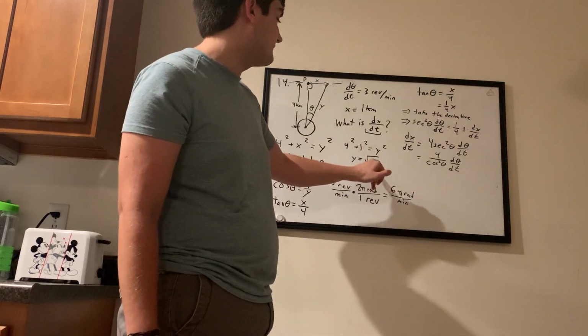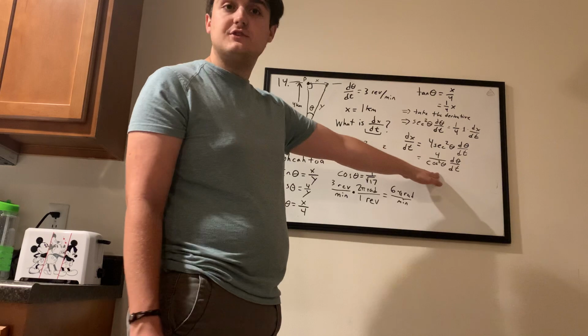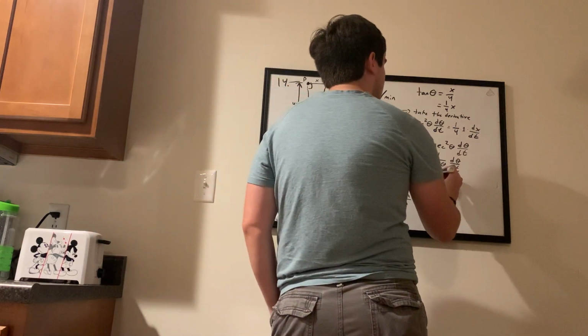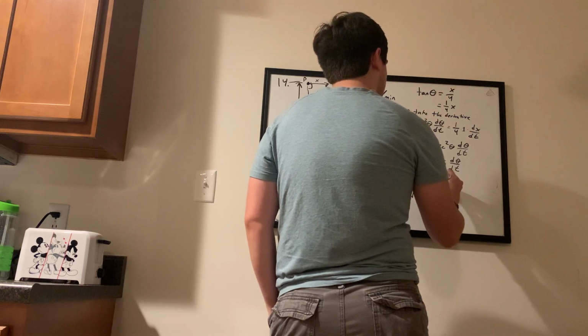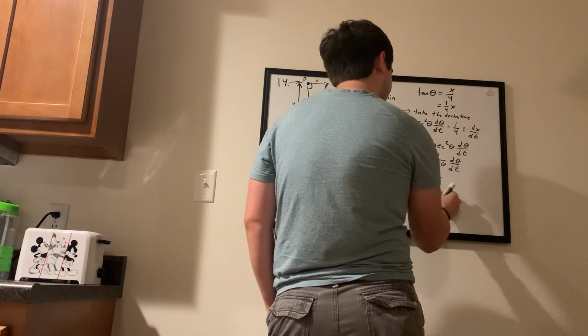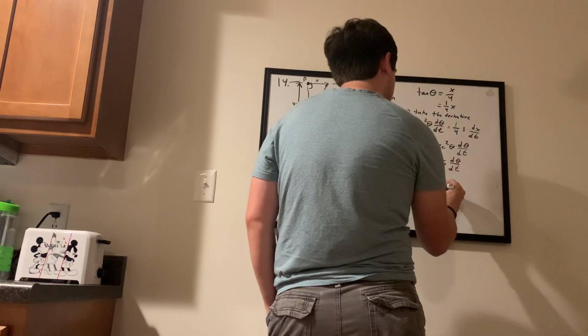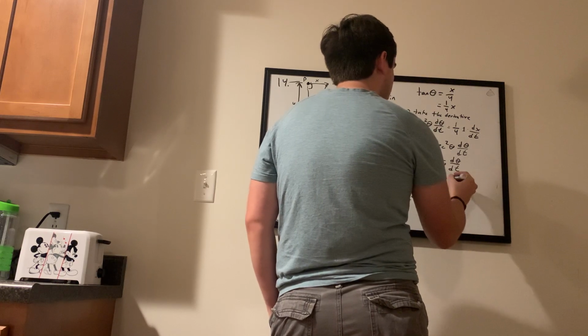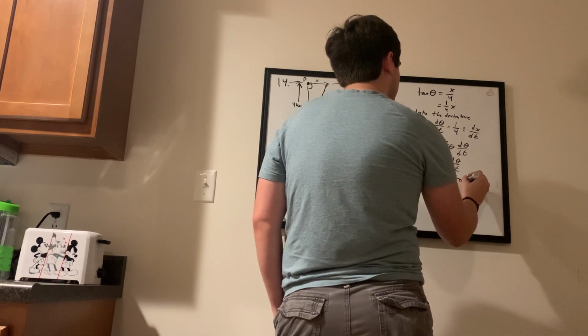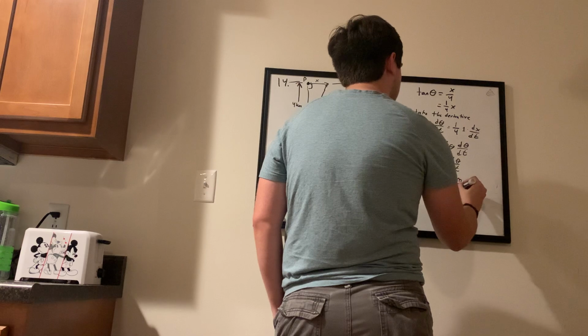Okay, final step, we're going to plug in the fact that cosine theta is 4 over root 17 into our equation. So I'm going to get 4 over 4 over root 17, I'll rewrite that real quick, root 17 quantity squared, times 6 pi radians per minute.